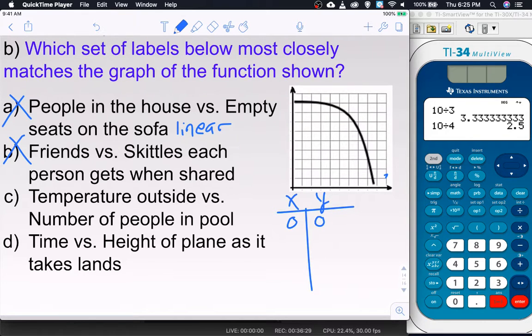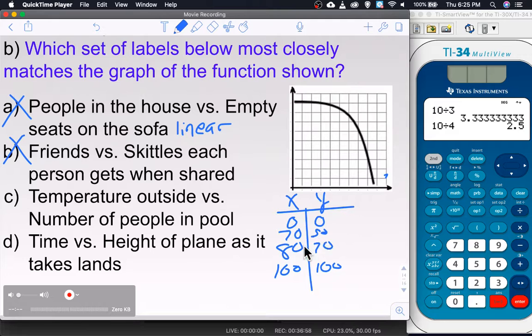I don't want to be in the pool when it's cold. Let's jump a bit. If it's 70 degrees outside, 70 is not that warm. I expect a low number of people in the pool. Let's say 50. If it's 80, I expect more people. How about 70 people in the pool? If it's 100 degrees, there'd be a ton of people in the pool. Let's say there's 100 people.